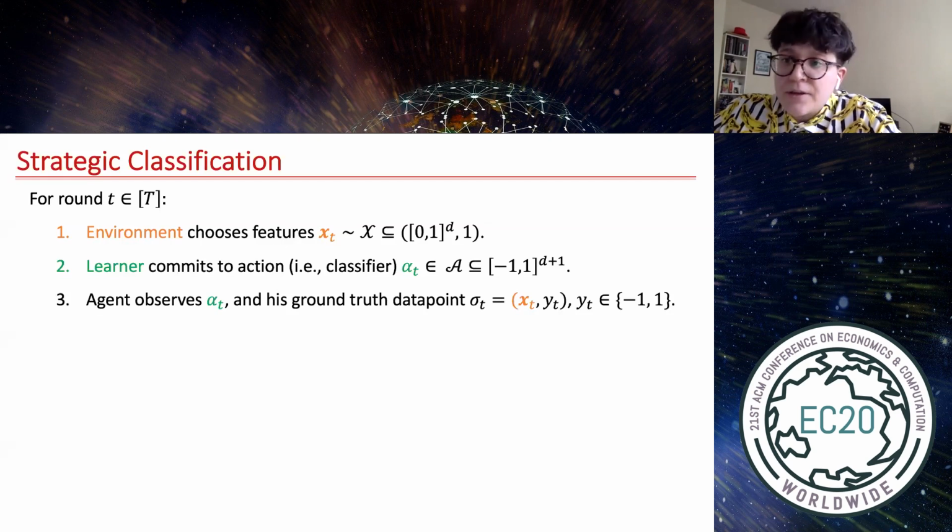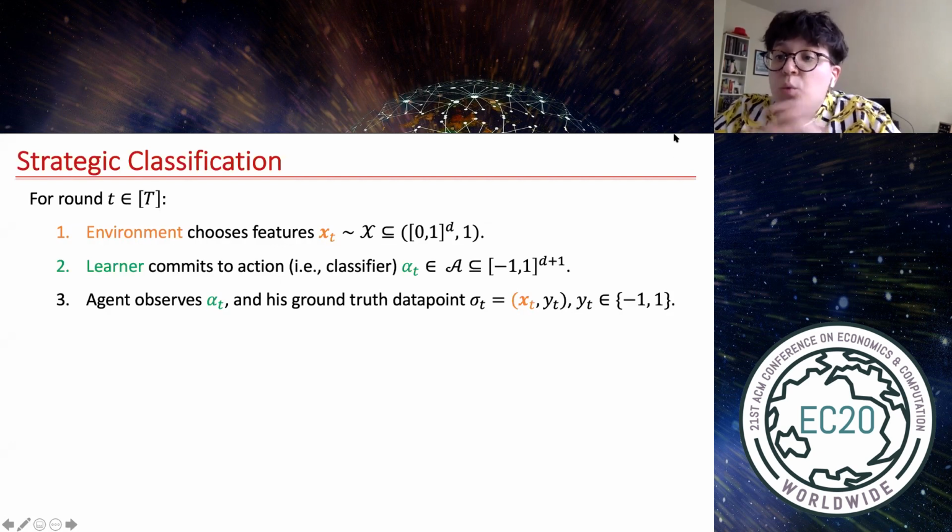Now the agent, who is the student, observes the classifier alpha T and his ground truth data point. This data point is comprised of the features that the student has, like for example the SAT scores and the grades that they had from high school, and an input YT. What is YT?